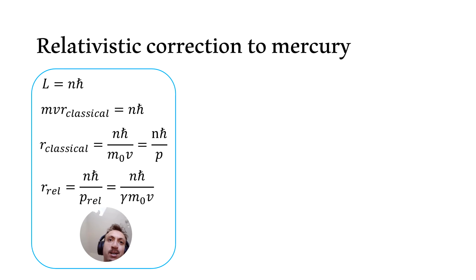However, for a mercury atom, because it has so many protons, I think something like 80, there's a huge electrostatic potential keeping the electrons bound to the atom.